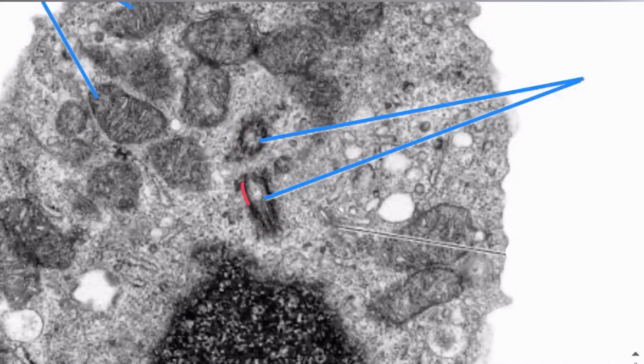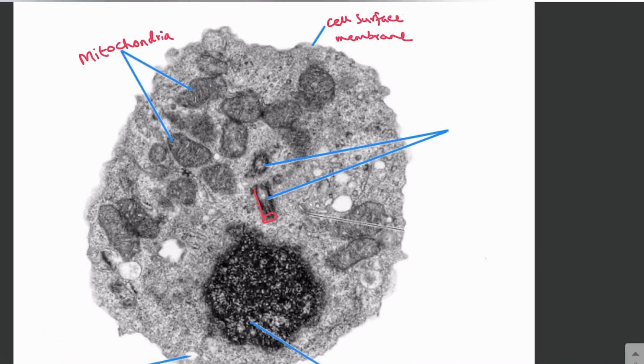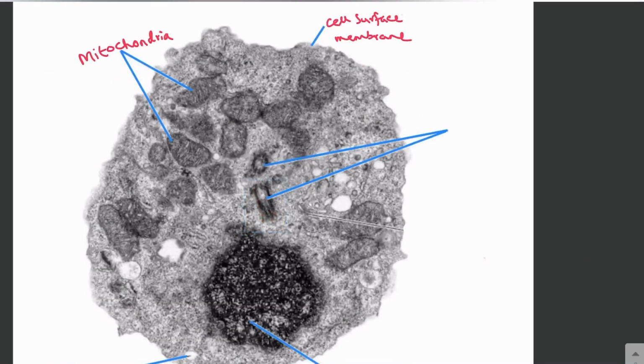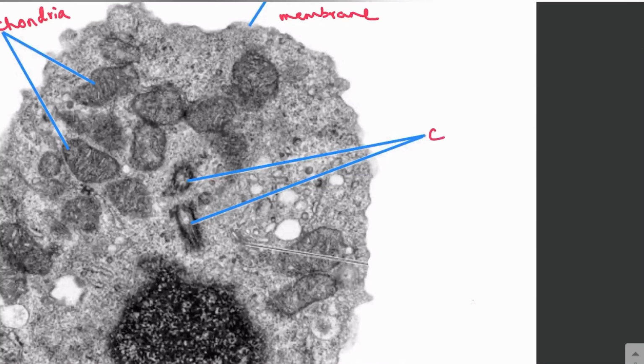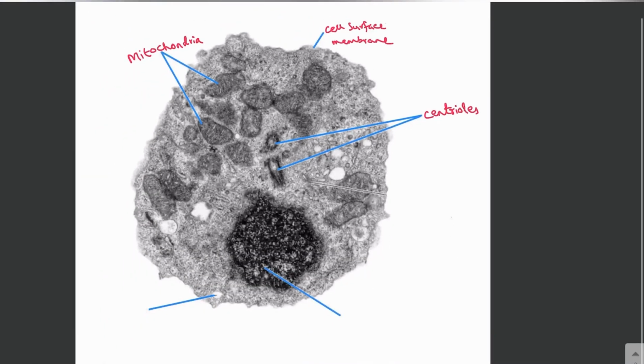So basically, this is a cylindrical structure, and you can see over here a spherical structure which will be going back like this. So basically, these cylindrical structures at right angles are called centrioles. These structures are found in animal cells close to the nucleus, right?